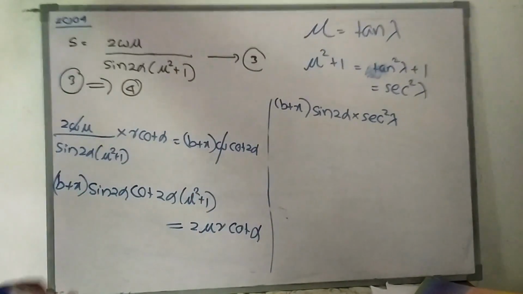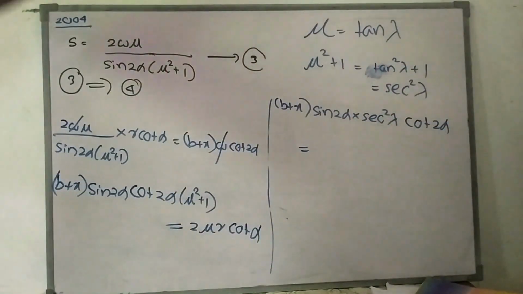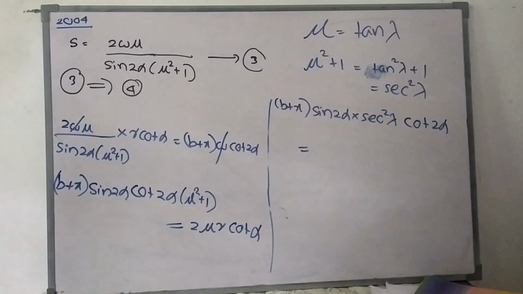So I substitute mu squared plus 1 as sec squared lambda into cot 2 alpha.